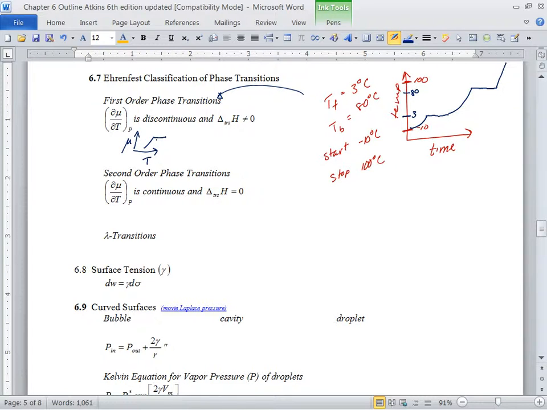Right? What would be another way it could be a discontinuous plot? It jumps, exactly, it jumps. So draw a plot where it jumps. So it's coming up, right? Something like this, I don't know, it jumps.